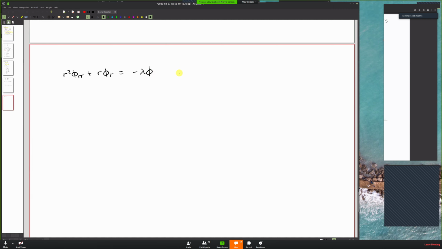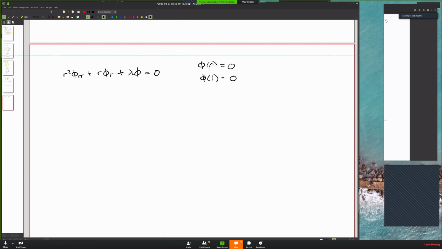That's the operator. And then the boundary conditions are going to be homogeneous Dirichlet boundary conditions. Okay. So we can make that plus lambda phi equals 0. I think your conditions are 1 and 2. Yeah, you're right. Thank you.